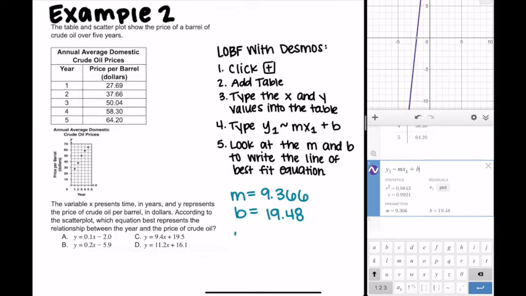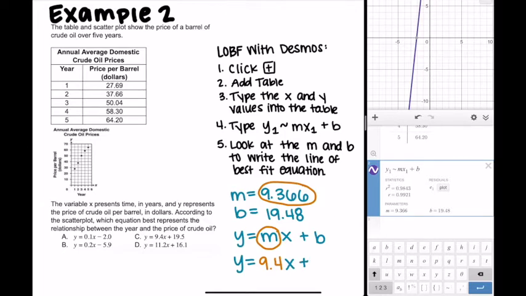And we're going to write y equals mx plus b. So we're going to take m and plug it in. Now that rounds up to about 9.4 based on our answer choices.